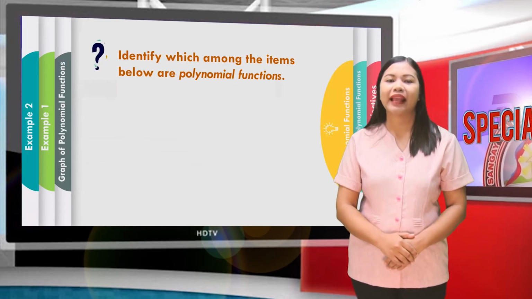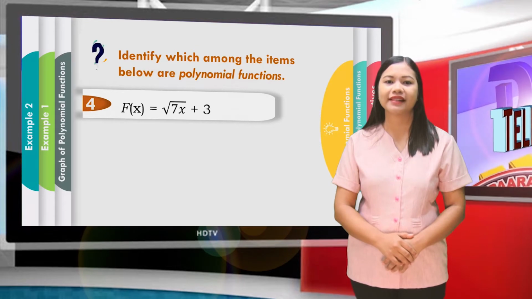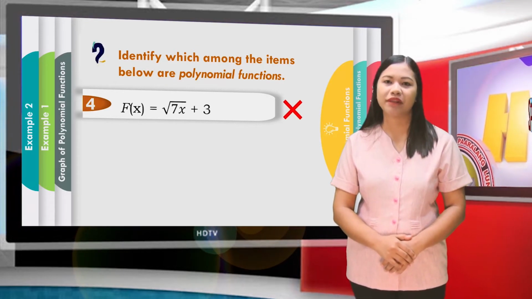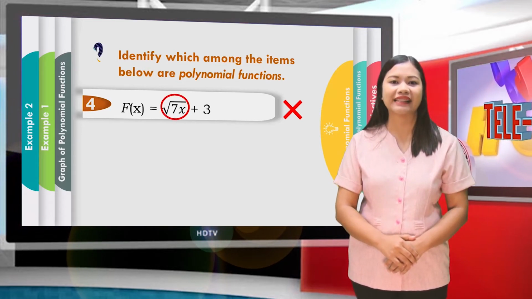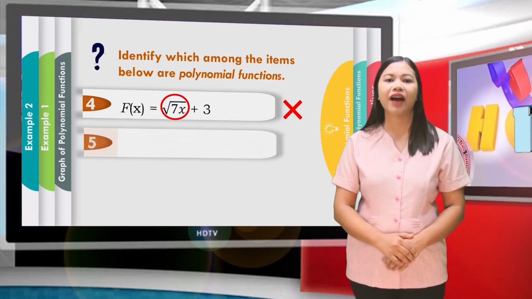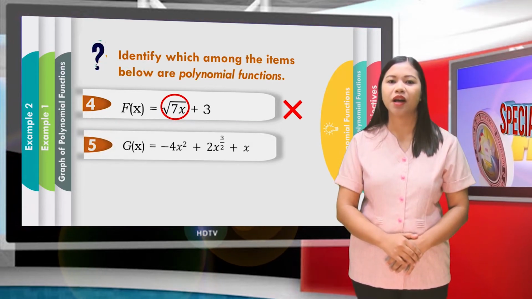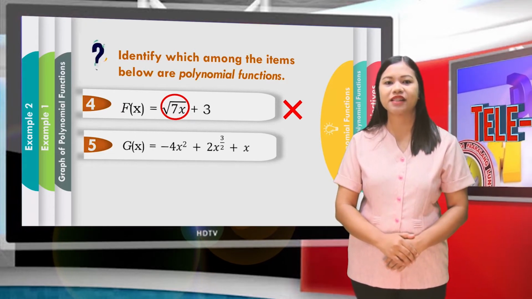Number 4, f(x) = the square root of (7x + 3). It is not a polynomial function because it has a variable under a radical sign. Number 5, g(x) = -4x^2 + 2x^(3/2) + x.